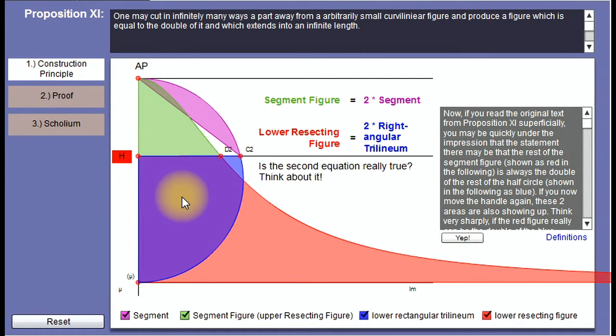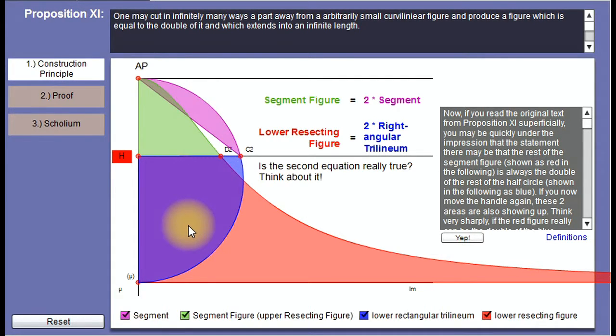If you don't read the words carefully enough, you get the impression that he meant that the blue area of the semicircle is half the size of the lower part of the resecting figure, which we've drawn out in red. Only by reading more carefully in proposition 11, and relating it to the knowledge of the previous propositions, do you know that this cannot actually be true.